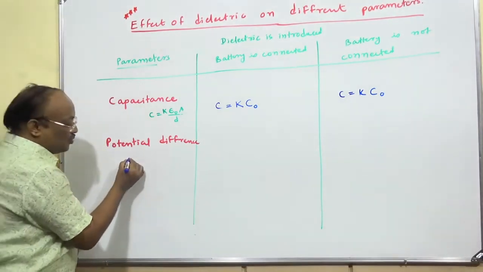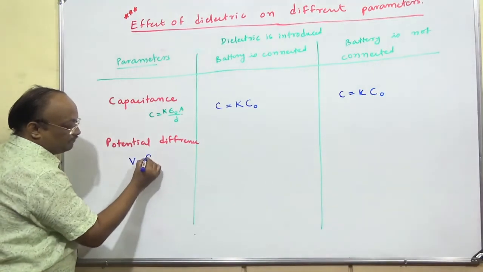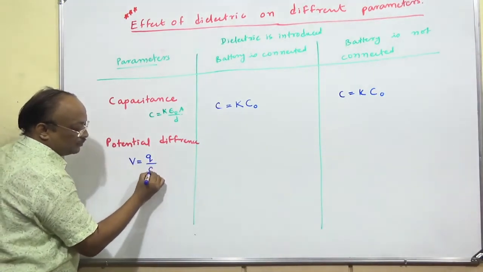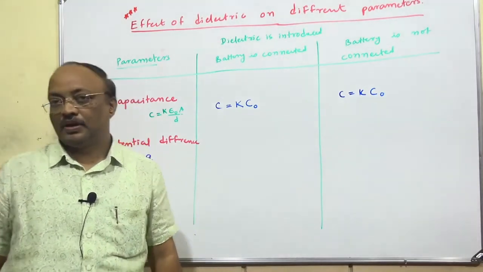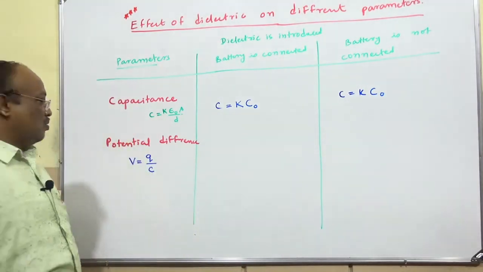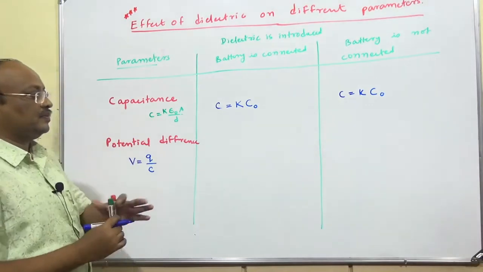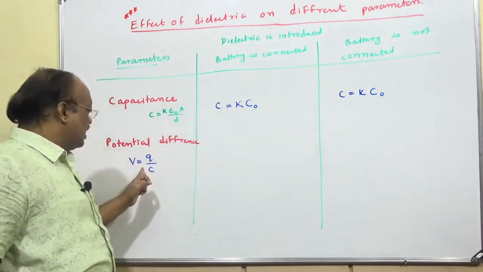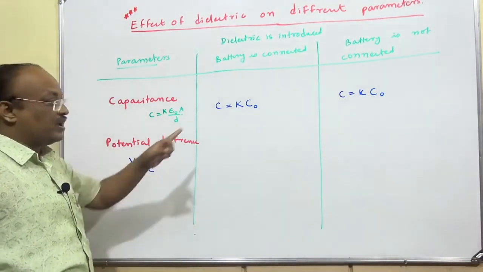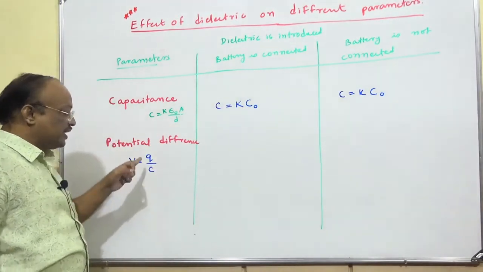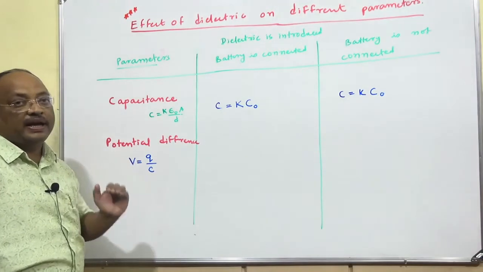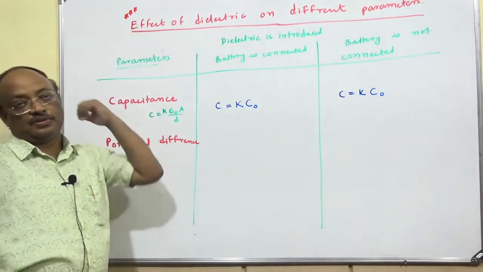V is equal to Q by C. What happens to the C when a dielectric is introduced? This C increases by K times.